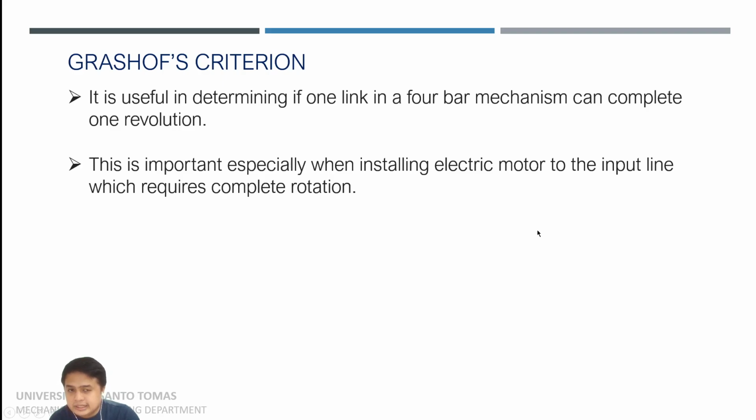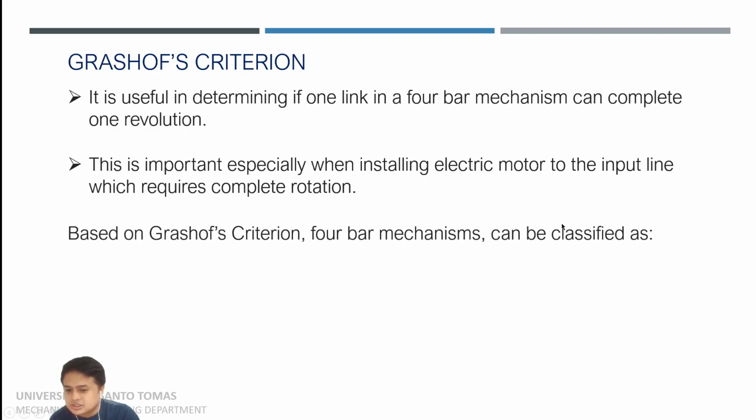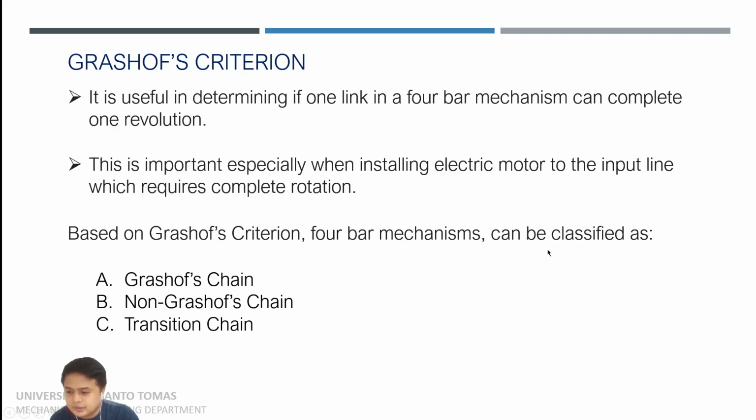And this is especially important when you will need to install an electric motor, so that you will understand in which revolute pair the motor should exist. It can be classified into three classifications. We have the Grashof chain, the non-Grashof chain, and the transition chain.